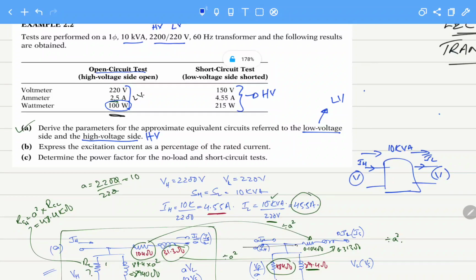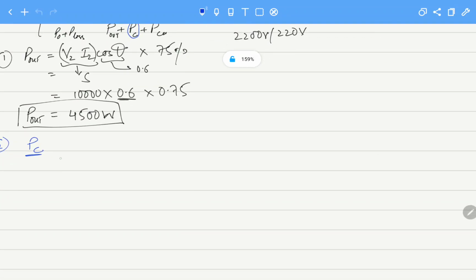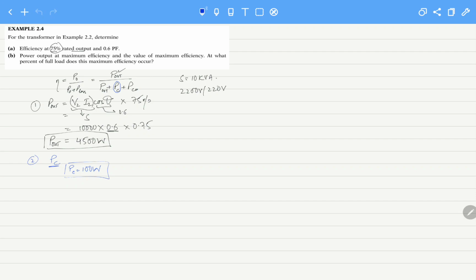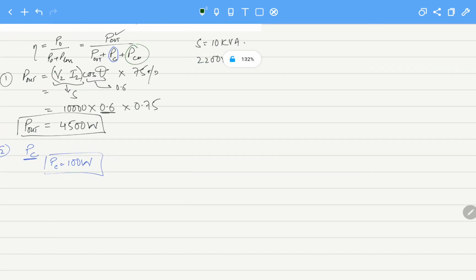That was 100 watts. So we have the core losses also: P core equals 100 watts. And the third part that we have to deal with is to calculate the copper losses.